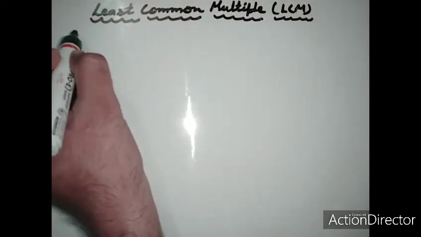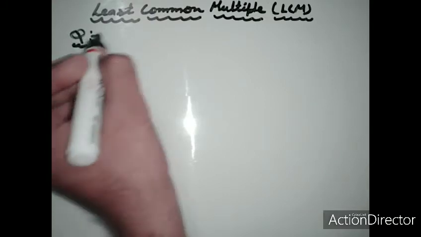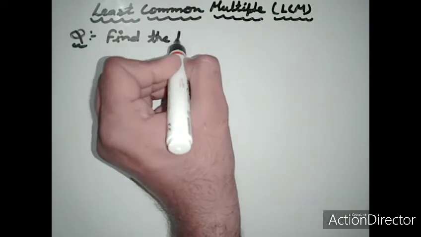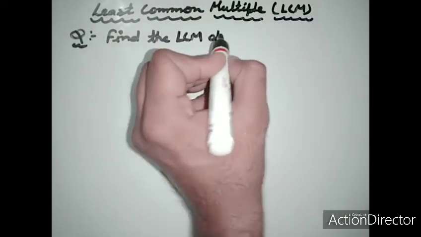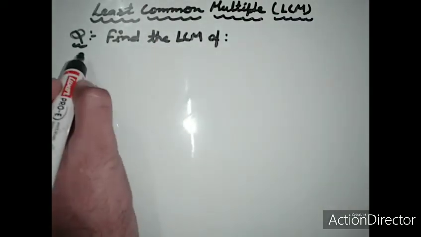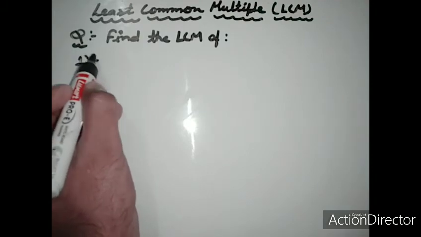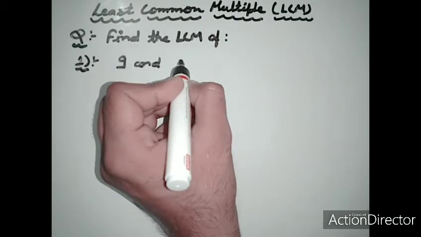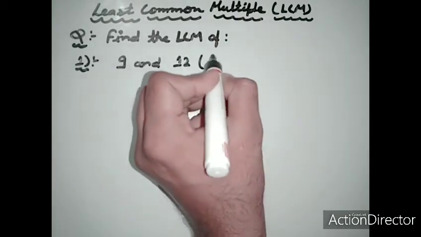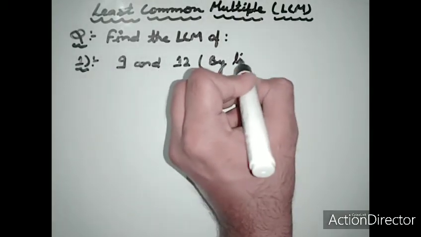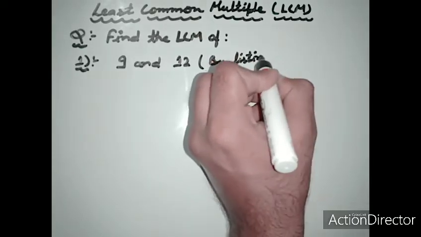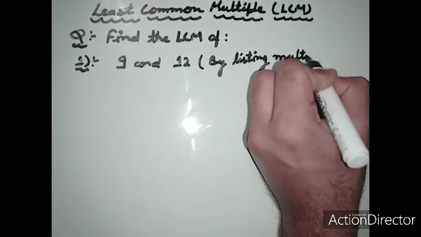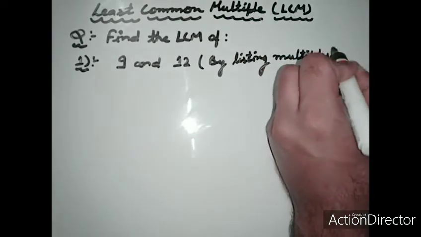Now the question is, find the LCM of the numbers 9 and 12, and here we use the method by listing multiples.